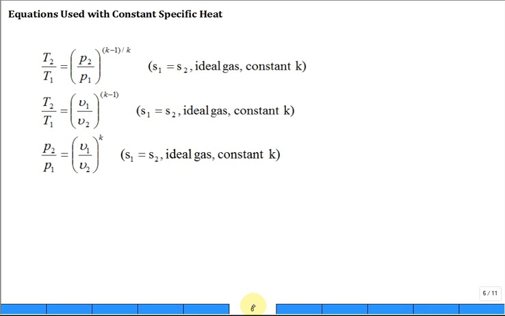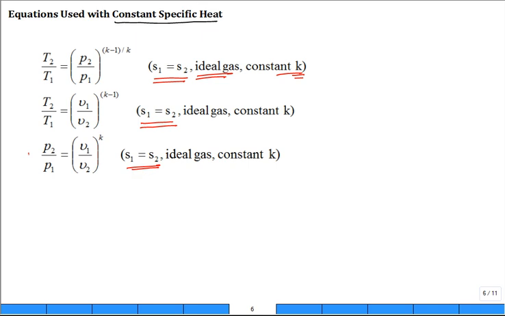So when you have that additional assumption of constant specific heats, you go back and remember, okay, I'm dealing with ideal gases, constant specific heats, and if it's an isentropic process, there are three equations that are very, very helpful.